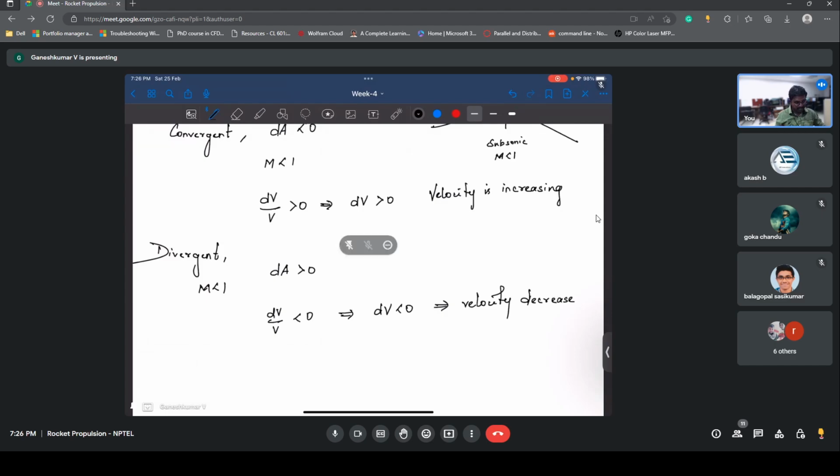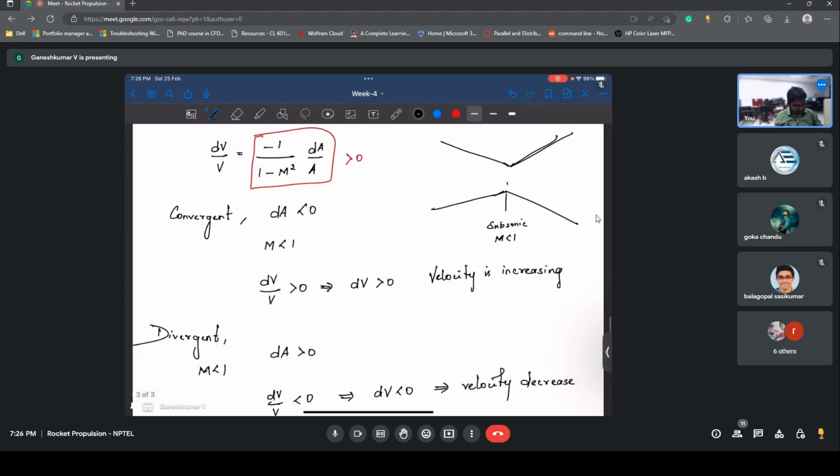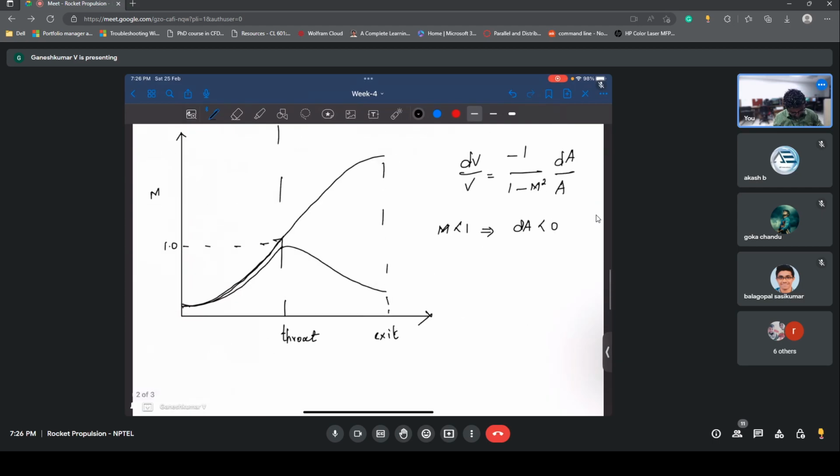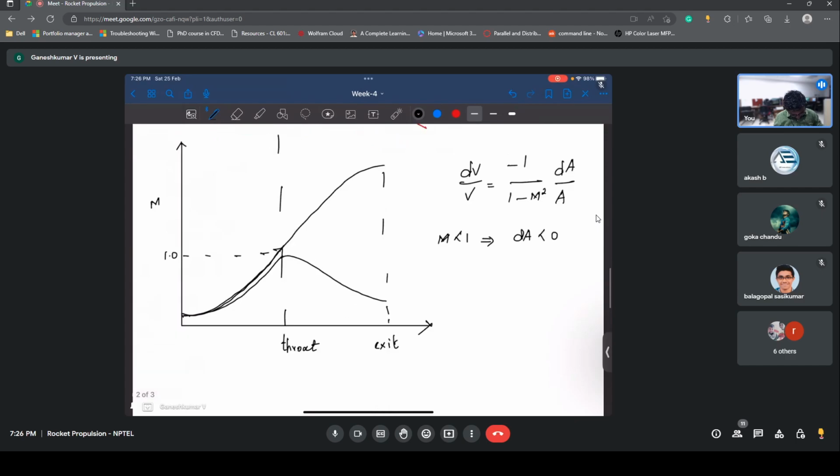Velocity decrease means Mach number decreases again, so it's still subsonic. If you come back to this plot, the Mach number is going to rise like this, and since it hasn't reached Mach number equal to 1, it falls down again.